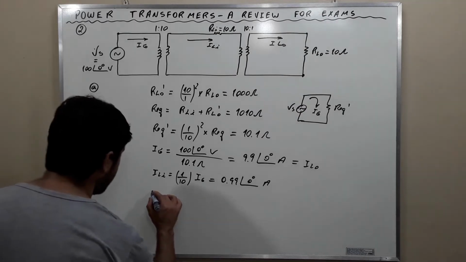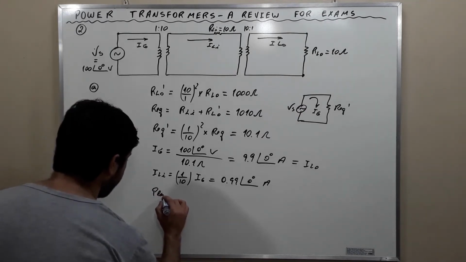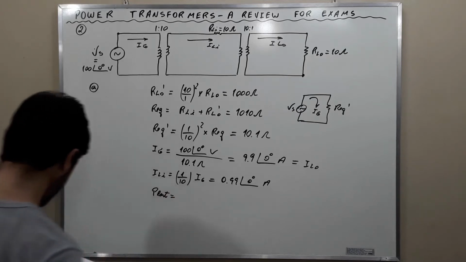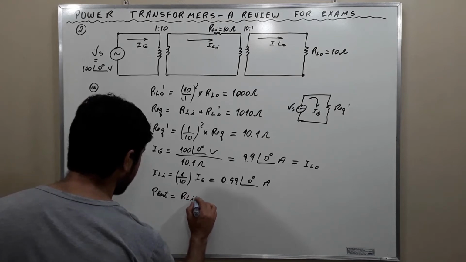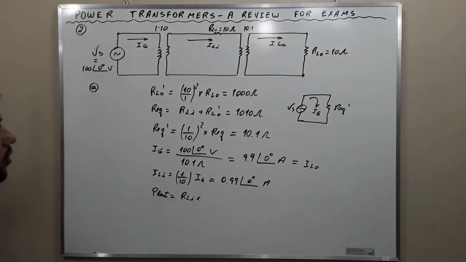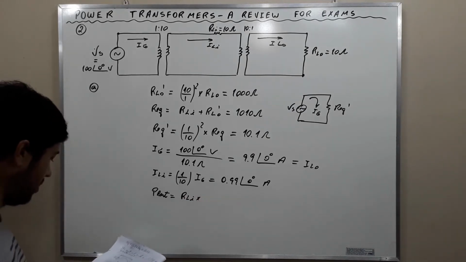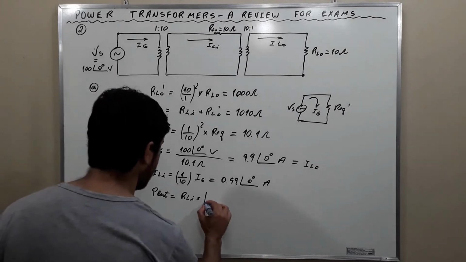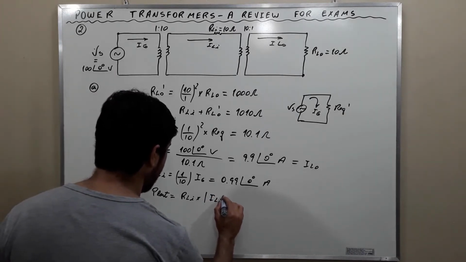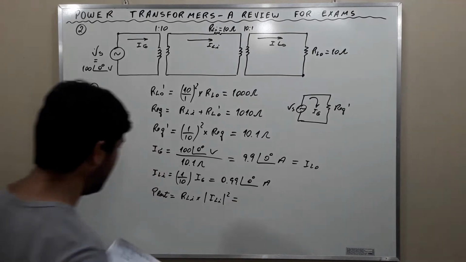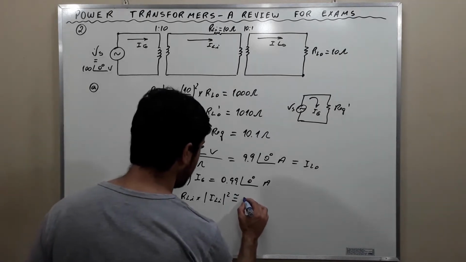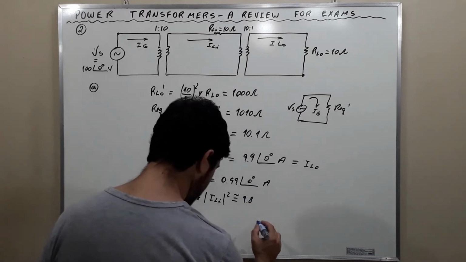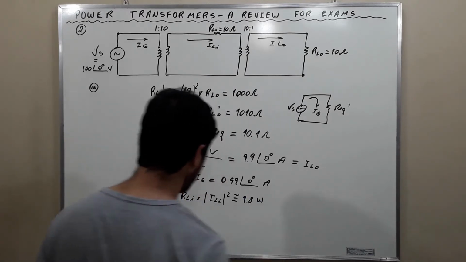The power lost is equal to the resistance of the line times the magnitude of the current squared. And this gives a value of approximately 9.8 watts.